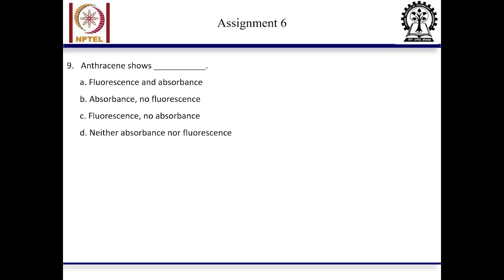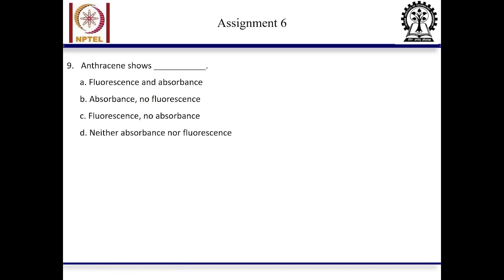Can anyone answer this question number 9?